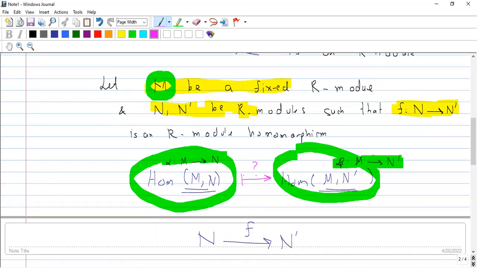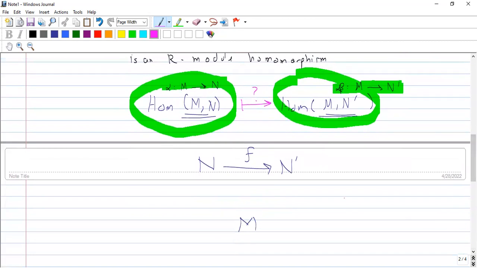We can relate them with the help of f, naturally, because if there exists a map alpha from M to N, then by taking the composition of alpha with f, I can always construct a homomorphism, that is f composition alpha, from M to N dash.